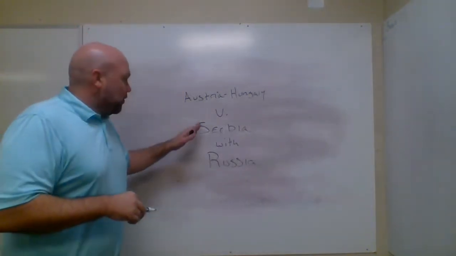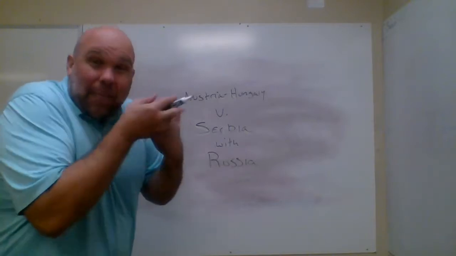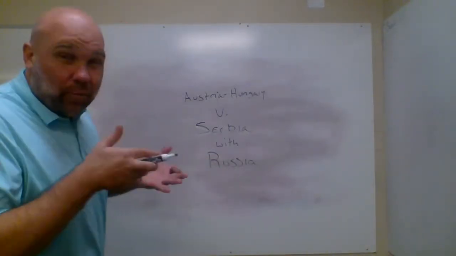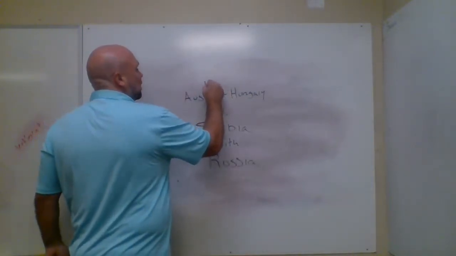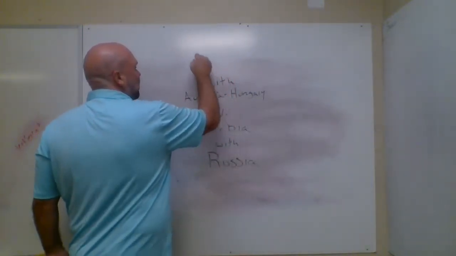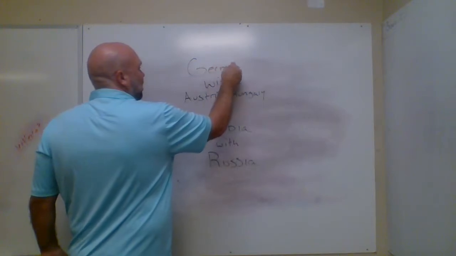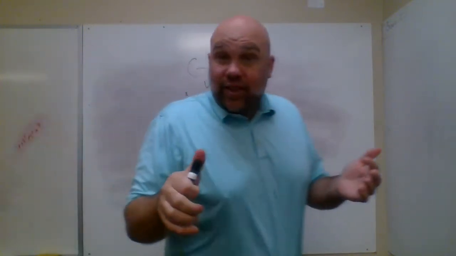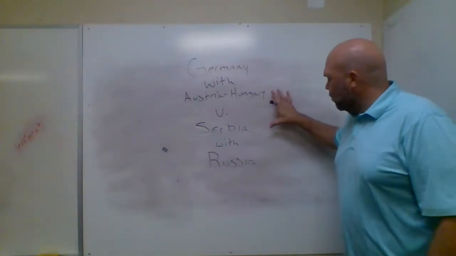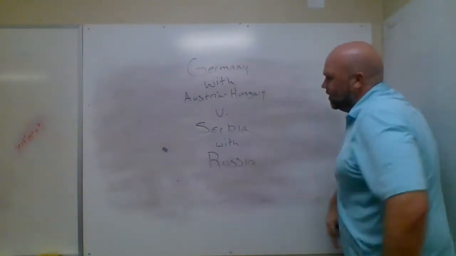Now, when Russia starts to amass troops or get their army ready, Austria-Hungary's secret alliance with Germany happens. As you can see now, we have gone from 2, now we have 4.